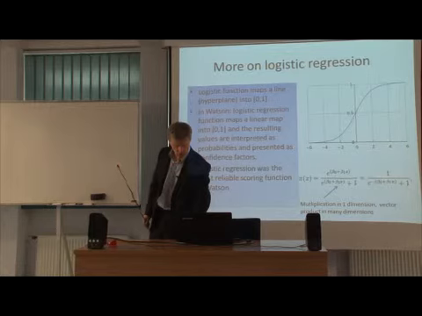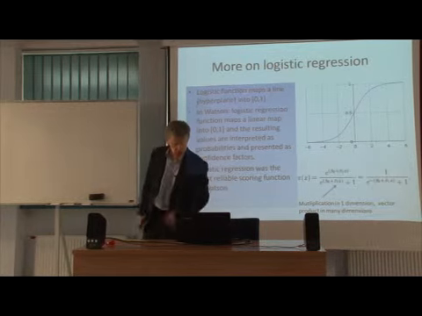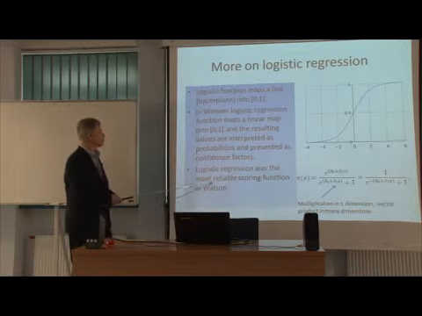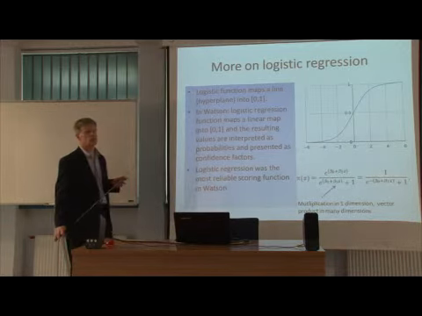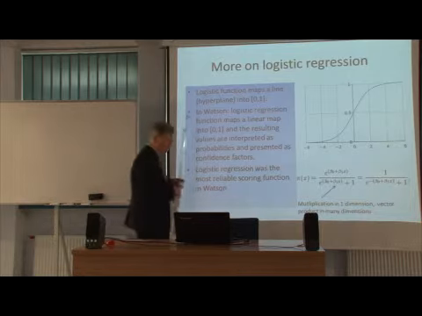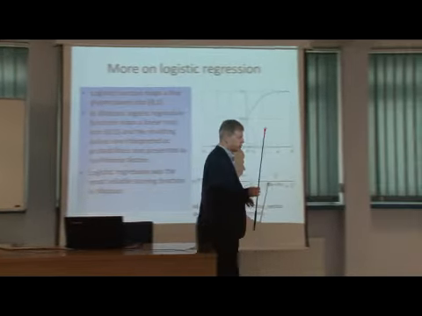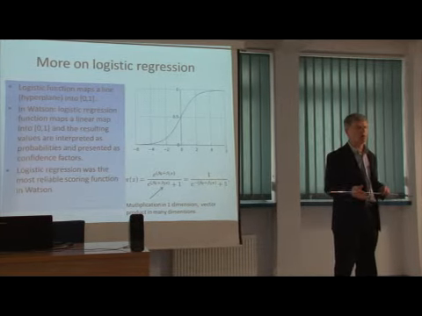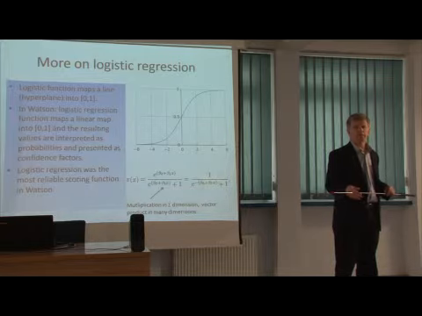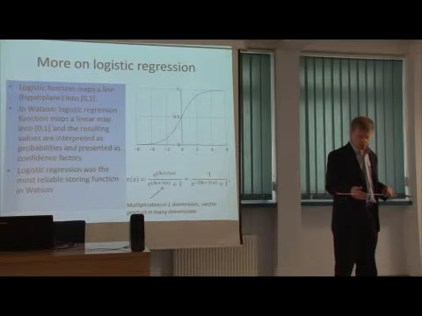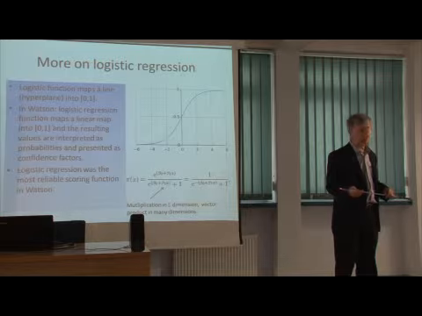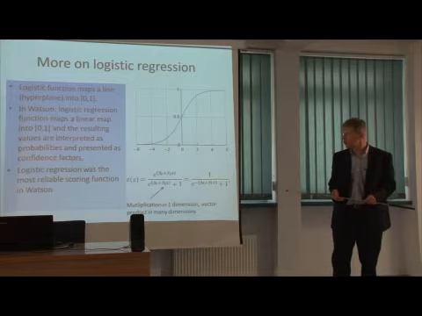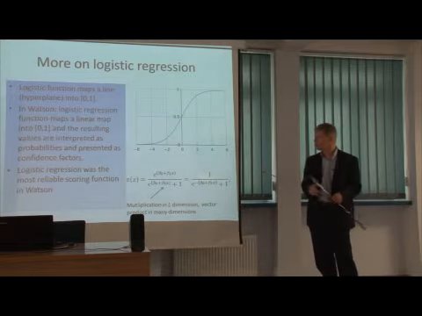Another thing I have here on the slide is that logistic regression was the most reliable scoring function in Watson. At the end, when we were trying to decide whether to answer the question, we had to put some score on the candidate answers. We experimented with many different scoring functions, purely linear scores with some threshold, for instance.